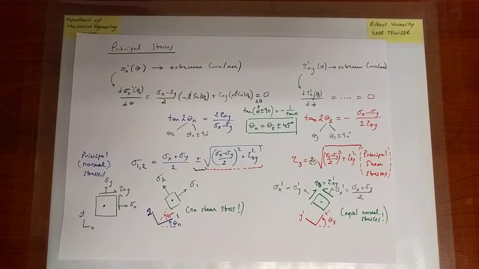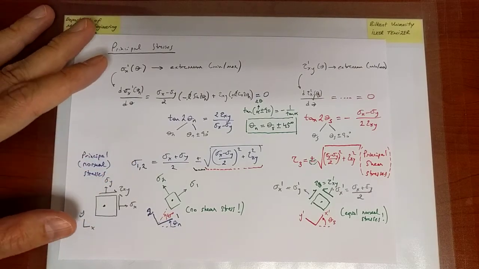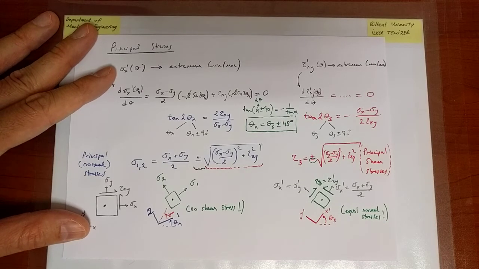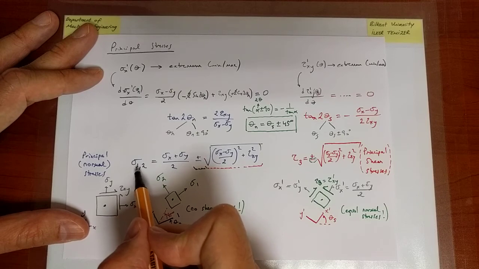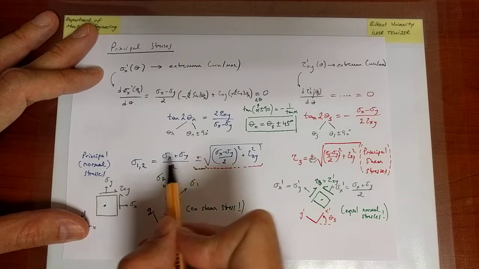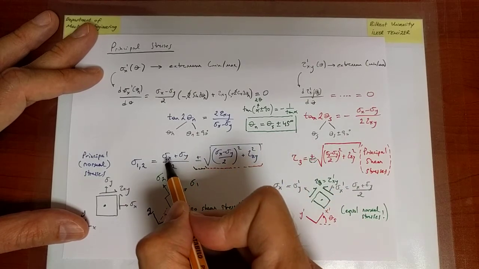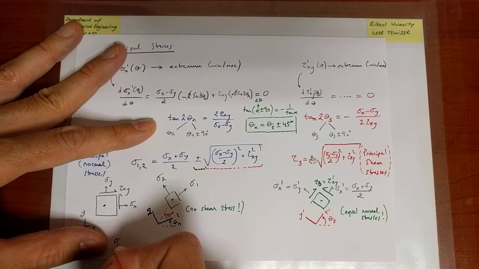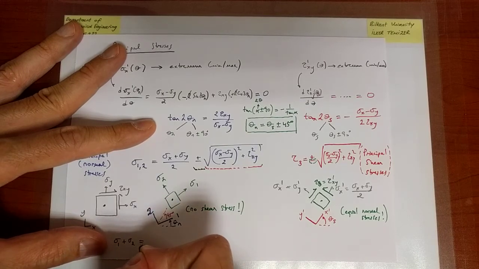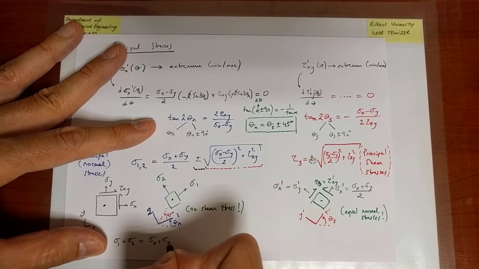Now, finally, what we can also observe is that you can go ahead and, at this stage, make an additional note to yourselves. What I see here is if I add sigma 1 with sigma 2, this expression plus or minus, they're added, that part dies away, I will get sigma x plus y over 2. So sigma 1 plus sigma 2 is equal to that added twice, sigma x plus sigma y.